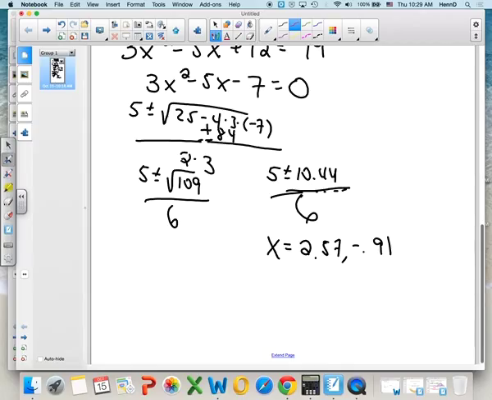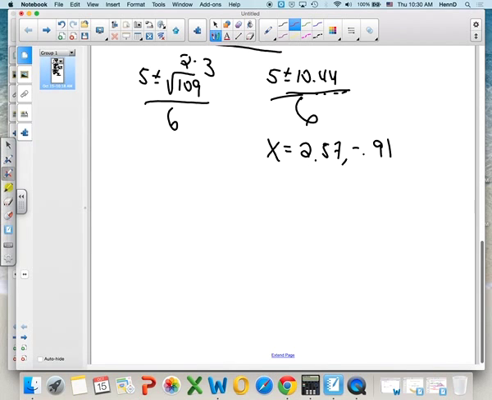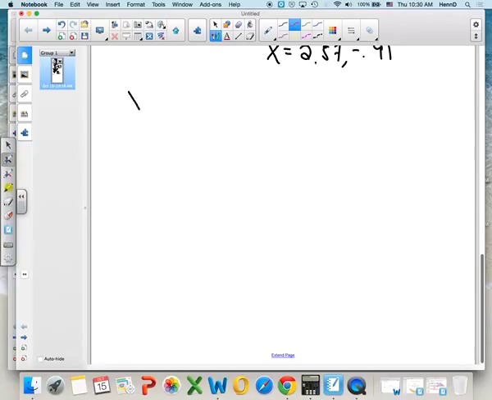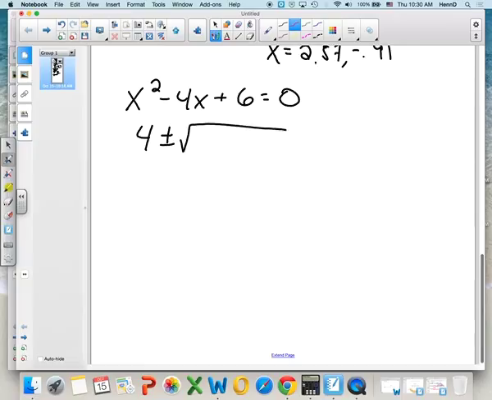Alright. Since you mentioned the negative under the square root, I'll just go ahead and do that right now, because you may have a quadratic formula problem. So it looks like it's the same thing. But when you start solving this, you have negative b plus or minus the square root of b squared, which is 16, and then negative 4 times 1 times 6.